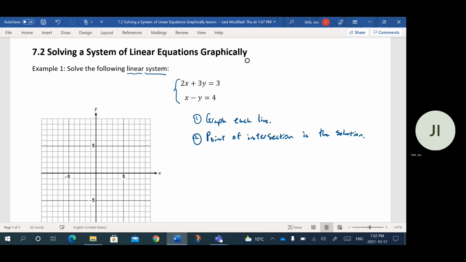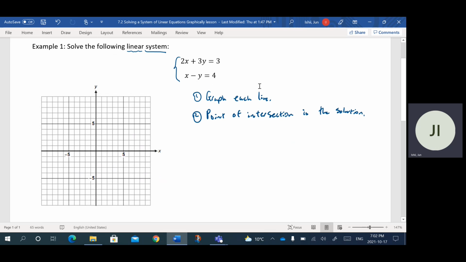That's basically it. This is why it's important to recall what we learned in the last unit, linear functions and how to graph them. We spent a whole bunch of time doing that. So we're going to graph these two equations, these two lines.